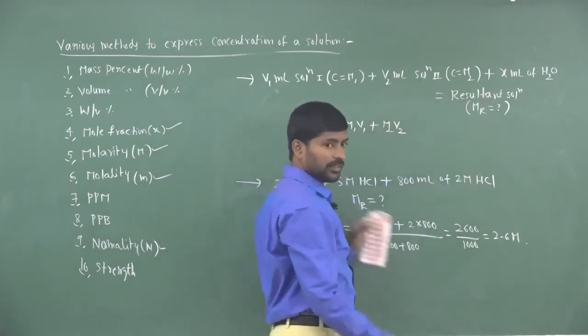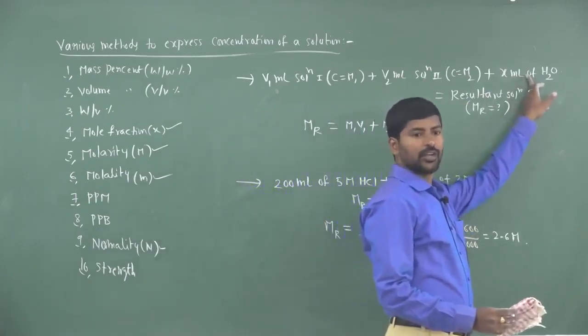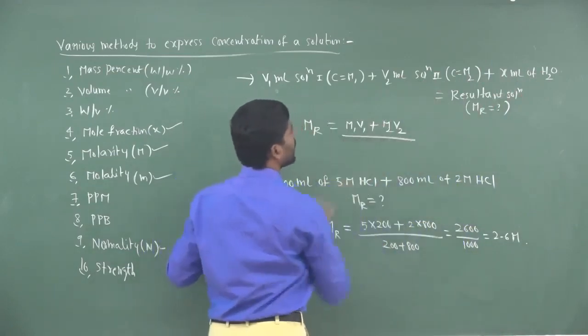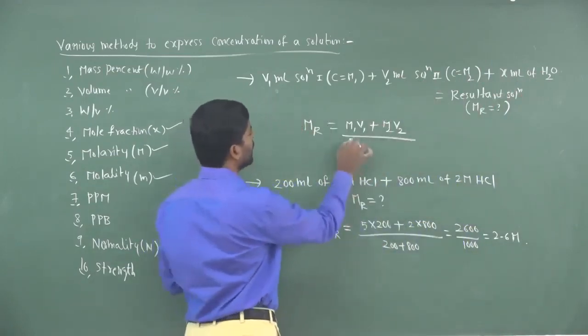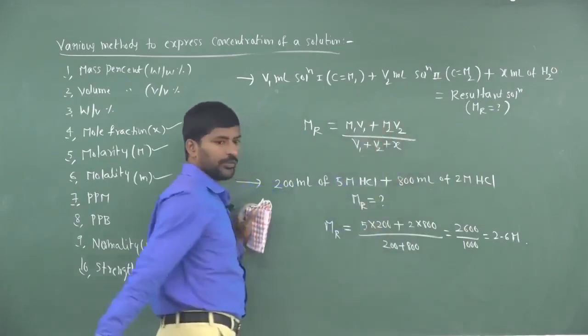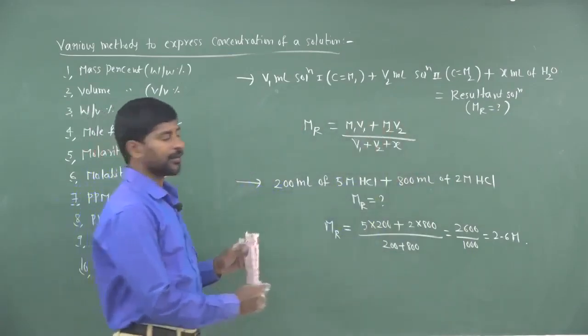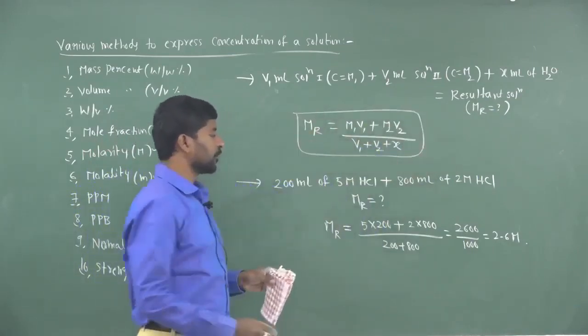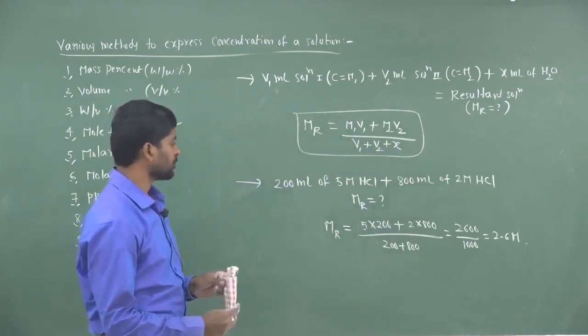The third one is just solvent we are adding, so no solute is present. The resultant solution volume is V1 plus V2 plus X. So like this we can calculate the resultant solution molarity.